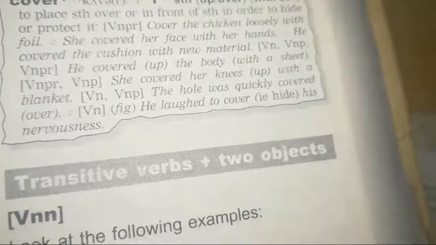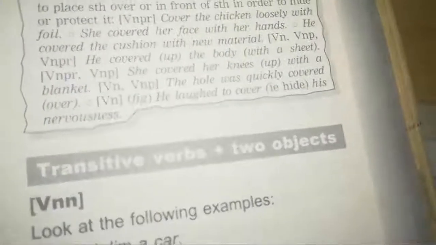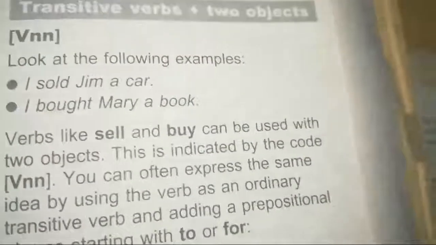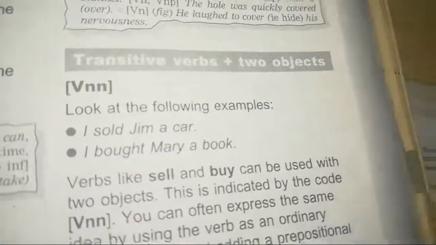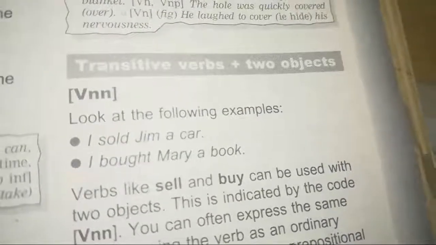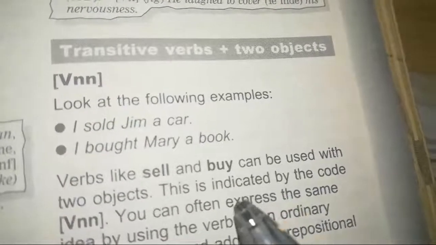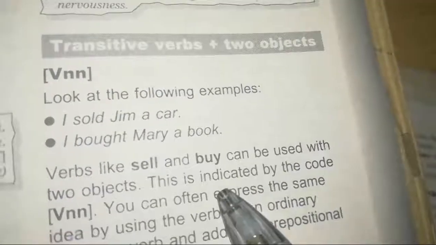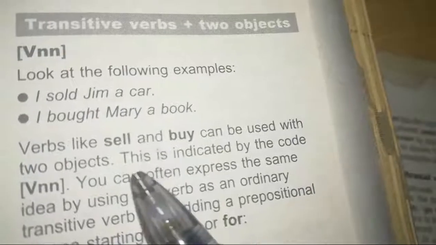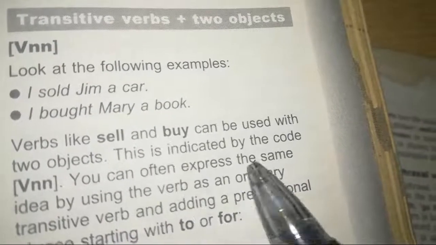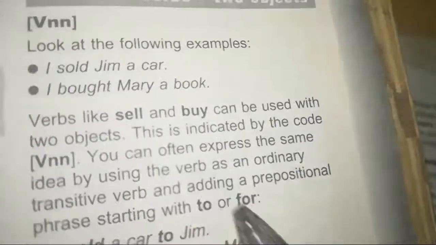Transitive verbs with two objects, VNN. Look at the following examples. I sold Jim a car. I bought Mary a book. Verbs like sell and buy can be used with two objects.